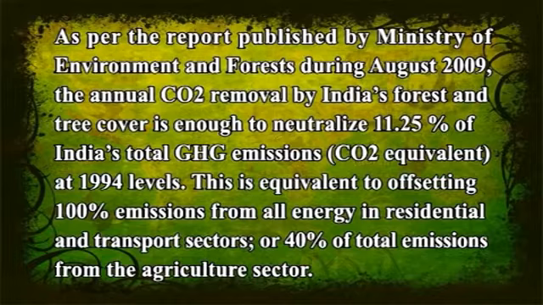This is equivalent to offsetting 100% of emissions from all energy in the residential and transport sectors. Clearly, India's forest and tree cover is serving as a major mode of carbon mitigation for India and the world also.